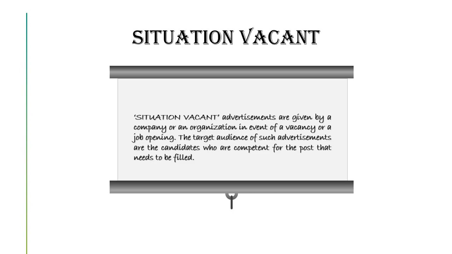In a nutshell, situation vacant are the advertisements that are sent out by organizations, by employers who want employees. So there is a situation vacant or a post vacant in their organization and they need an employee for it. So when an employee is looking for an employer, that's situation wanted.